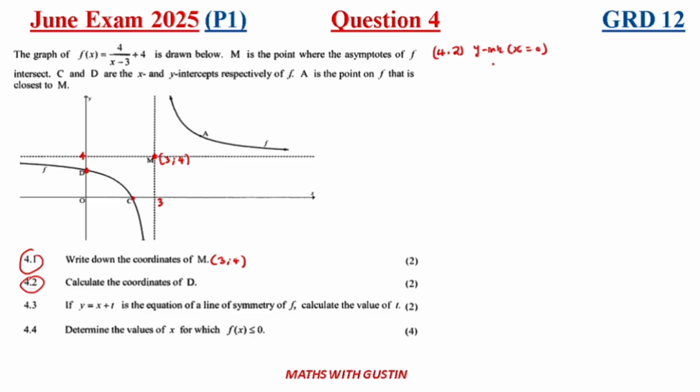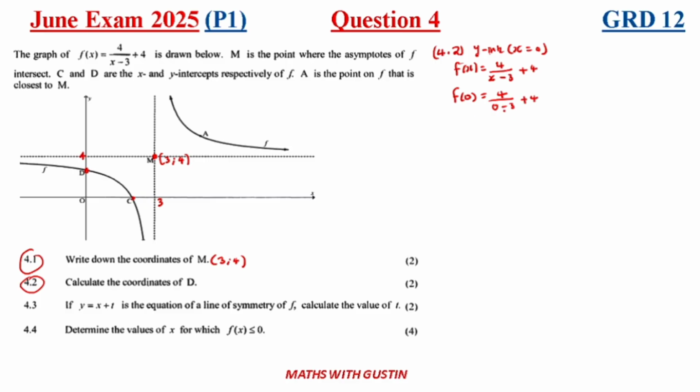So therefore here on our f of x we need to make x equal to 0 in 4 over x minus 3 plus 4. So f of 0 is 4 over 0 minus 3 plus 4.